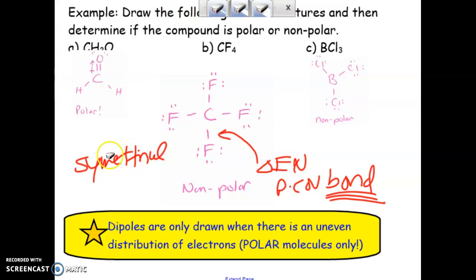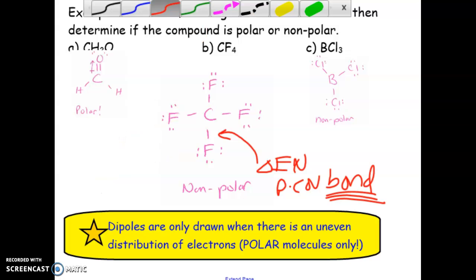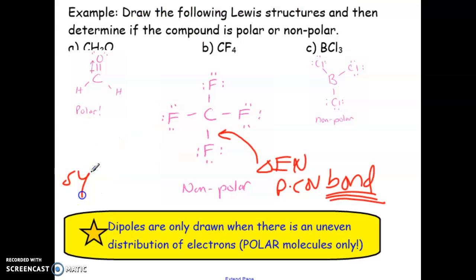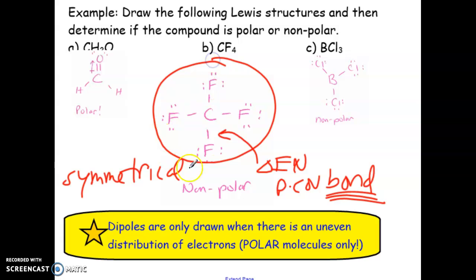Wow, I can't spell. It's what we call symmetrical, two M's. So meaning this molecule is evenly distributed. The bond is polar, but as a whole picture, it is non-polar overall.